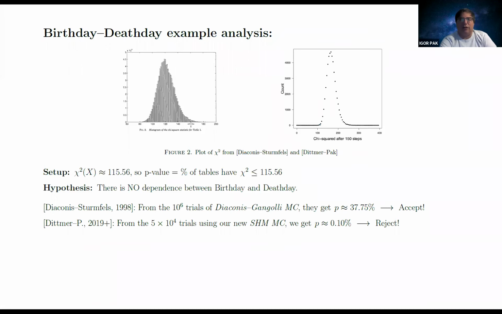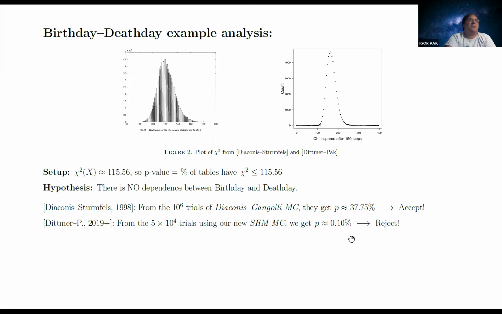And so here is the Diaconis-Sturmfels plot from '98. And this is our plot with my former student Sam Dittmer that we did a couple of years ago. And apparently, the way they did it, the p-value, so the percentage less than chi-square, is about 38%, and we get 0.1%.